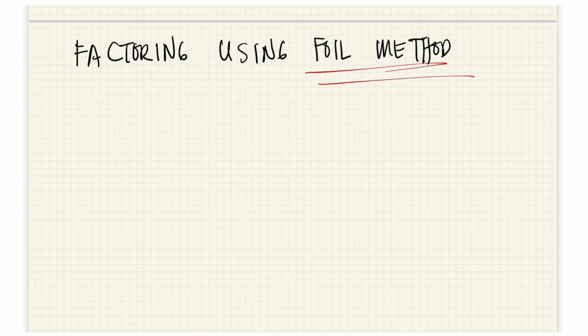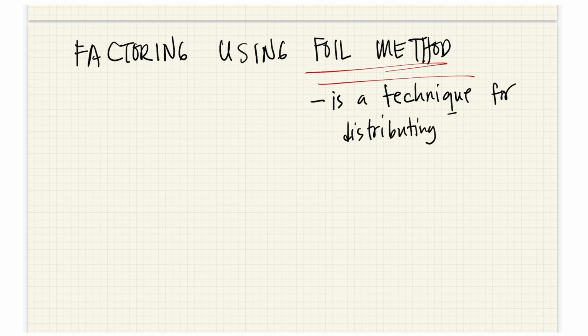FOIL method is a technique for distributing two binomials.